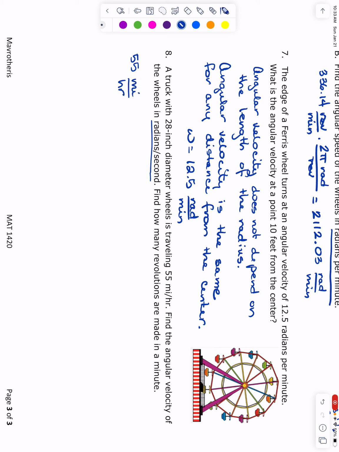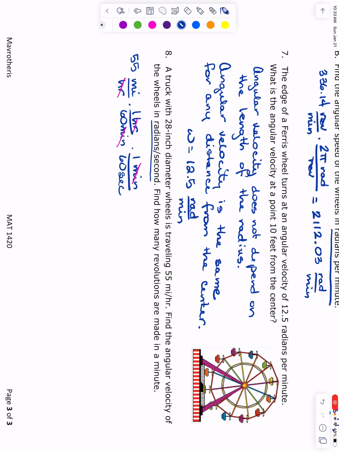Keep in mind that what I'm trying to get at is radians per second. So the first thing I'm going to do is convert my hours to minutes and my minutes to seconds. I now have miles per second.